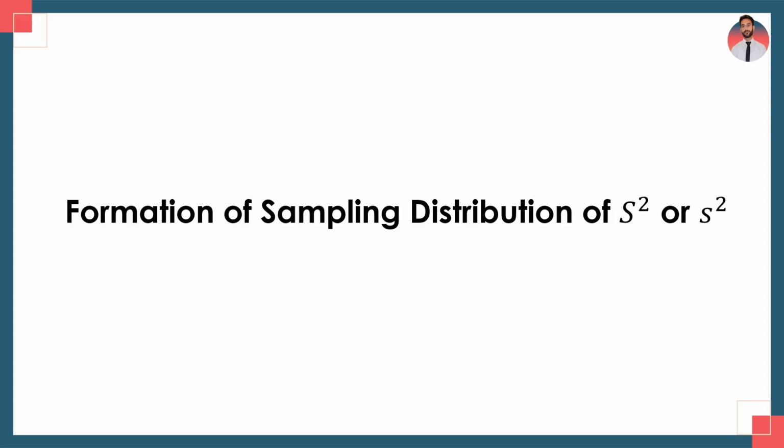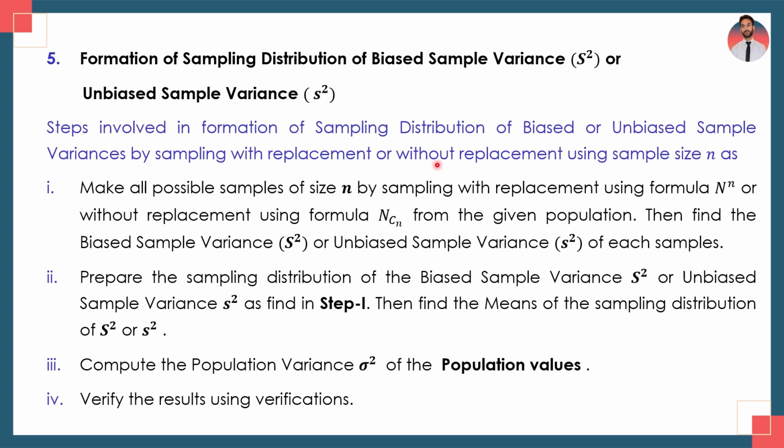Now in the second point, I will discuss formation of sampling distribution of biased variance or unbiased variance. Steps involved in formation of sampling distribution of biased or unbiased sample variances by sampling with replacement or without replacement using sample size n are as follows. In the first step, make all possible samples of size n by sampling with replacement using formula capital N power small n, or without replacement using formula NCn, from the given population. Then find the biased or unbiased sample variance of each sample.